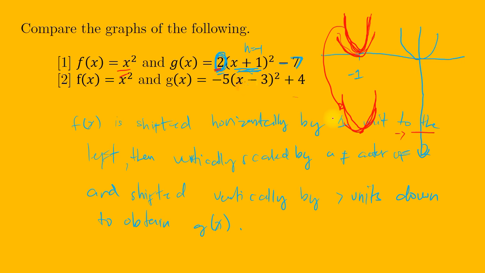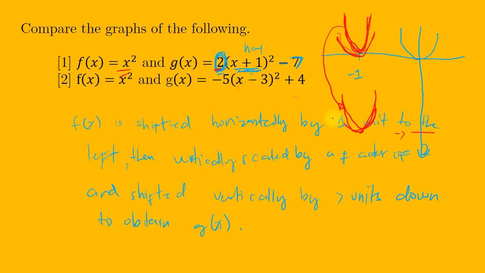So let us say this is our axis here. This is our x squared. This being moved 3 units to the right. So it's like this.